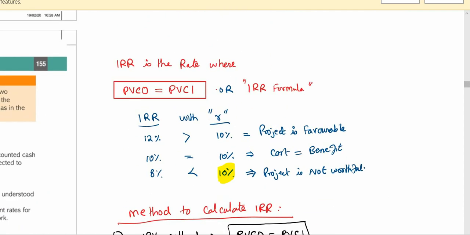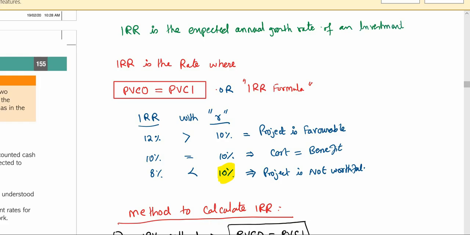IRR is the expected annual growth rate of an investment.